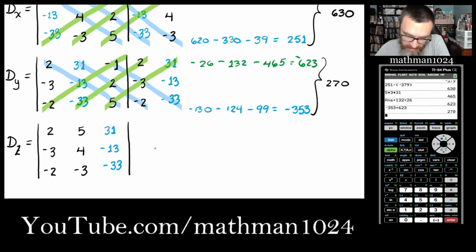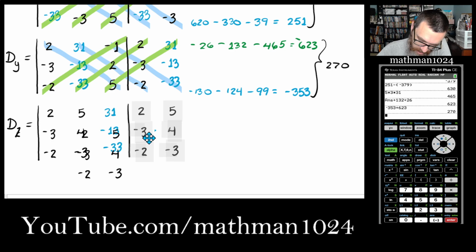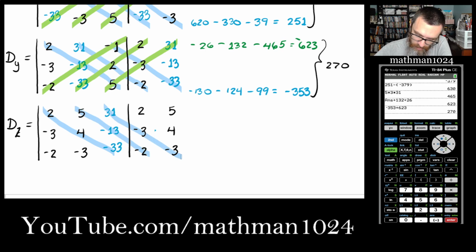And for this last one, copy over here, and let's get the diagonals working for us. So here we go.